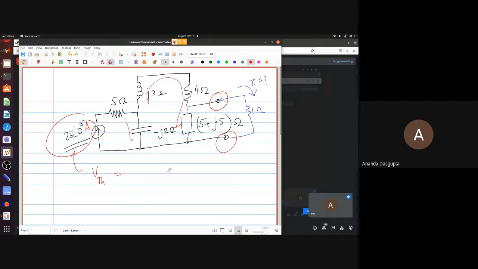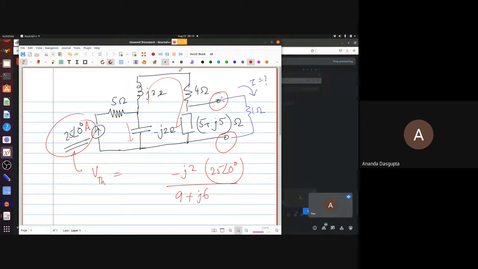So the important point would be the current which is flowing through this branch is in inverse ratio to the impedance of each of the parallel branches. That's all you really need. So basically, you start with 25 angle 0 degrees as the current going in, then you divide it in inverse ratio. Inverse ratio means it's proportional to the other one. So it's going to be minus j into 2 divided by the sum of the two, which is 5 plus 5, 9 plus 5 plus 3 minus 2, that's 1. 9 plus j6.